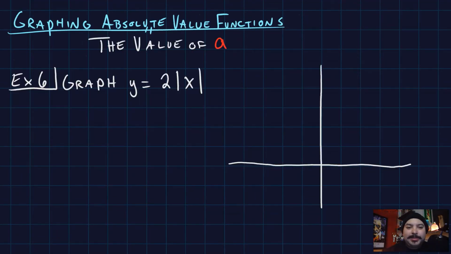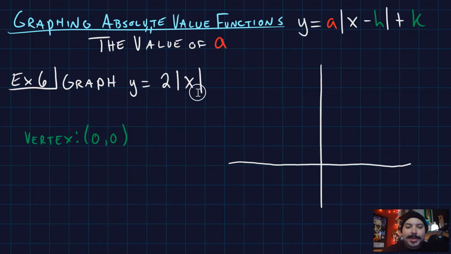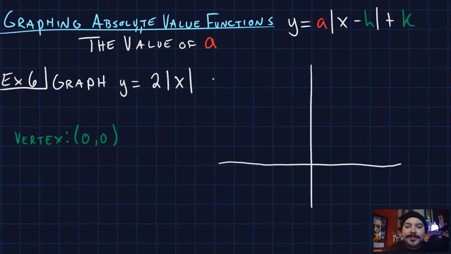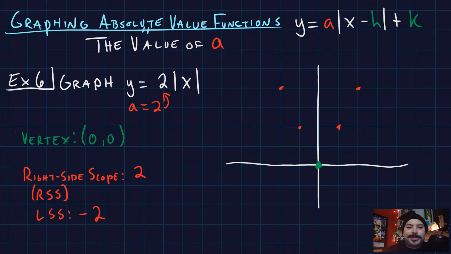In example number 6, we will be graphing y equals 2 times the absolute value of x. Starting with the vertex, we can see that we have no values adding to our x or outside adding to the absolute value. So that means both h and k are equal to 0, meaning our vertex is at the origin (0, 0). The value of a in our equation this time is equal to 2.